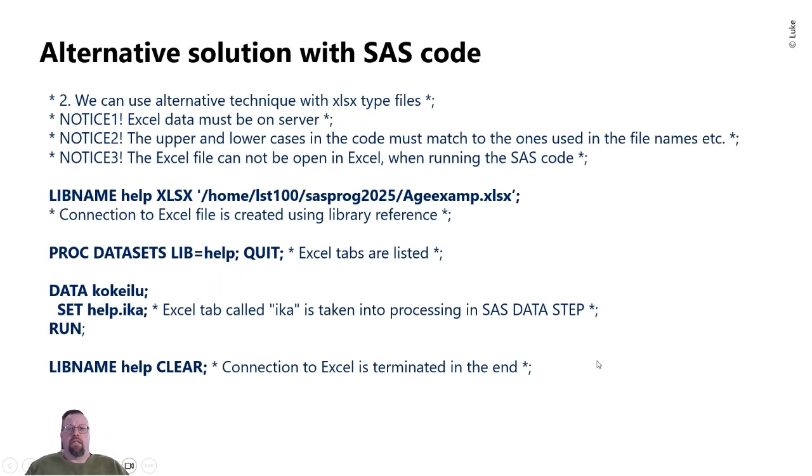And then we have an alternative solution that you can also use with SAS code. This technique works so that it creates a library reference, but earlier when we have been talking about library references, they always assigned the library reference to a specific folder.